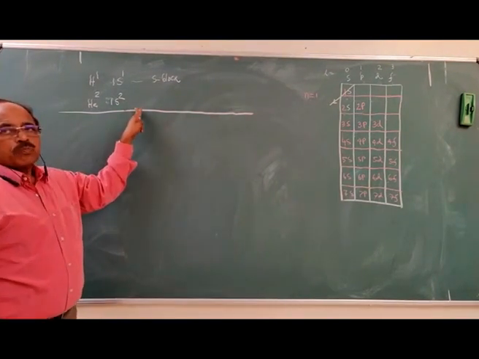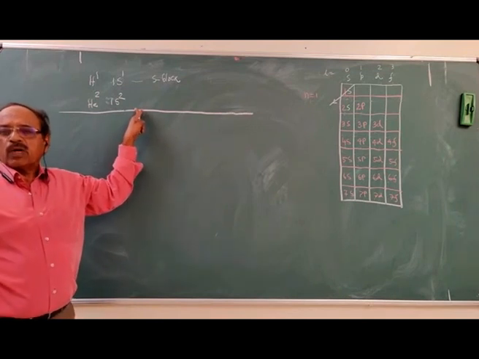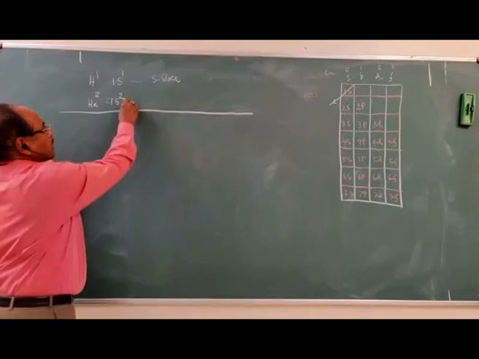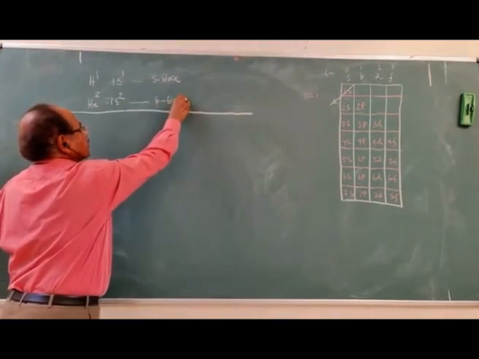Hence helium belongs to the p block, though the electron is filled up into the s orbital.